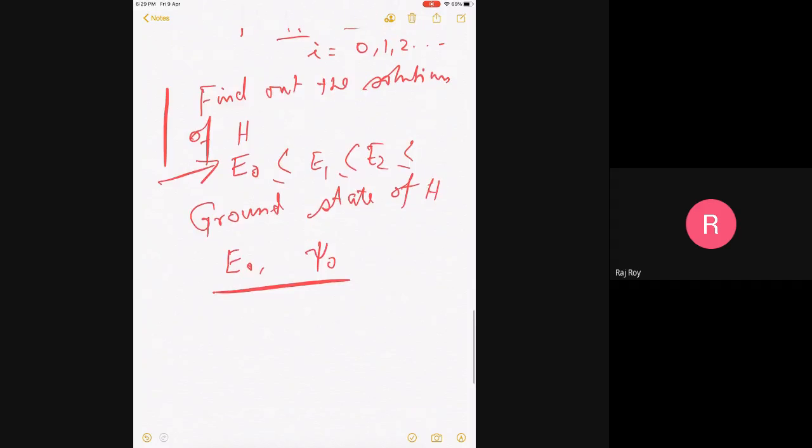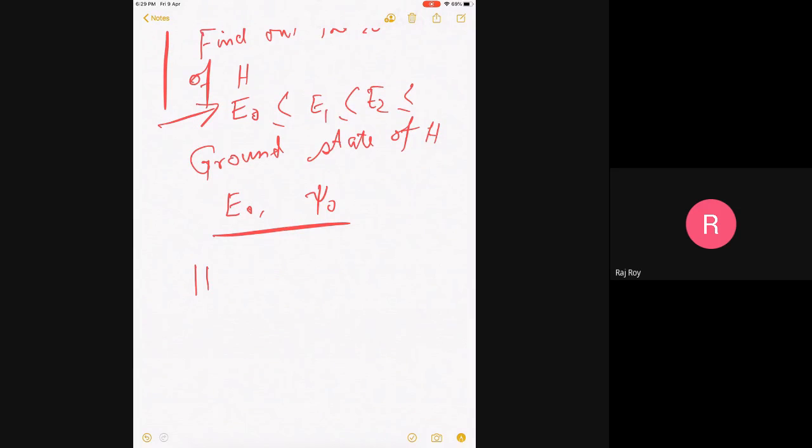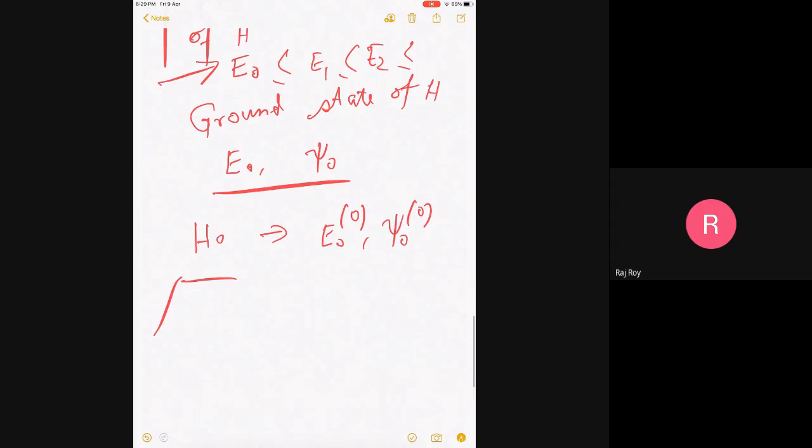Basically, I had the solutions of H naught. What are the solutions of H naught? Ground state solution E0, 0, and psi 0, 0. Then just graphically think of it. I apply a perturbation operator to H naught, and all these are going to change.